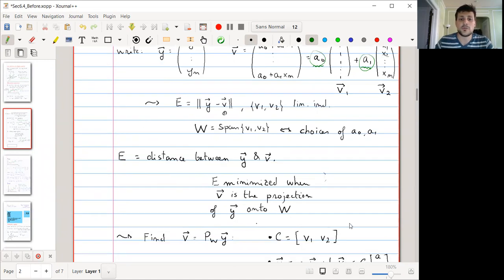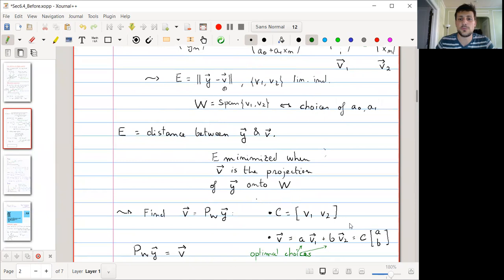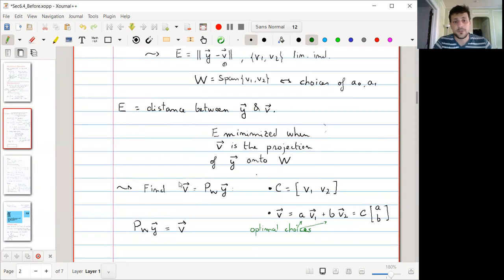Okay, so now we have information about what v should be, because we know that v should be the projection onto w. Let's compute it. v is the projection onto w, that's what's written here. To do that, remember what we want to do is to set up the projection matrix, starting with a matrix whose columns are a basis for the space w, which in this case is given by v1 and v2 by our construction.